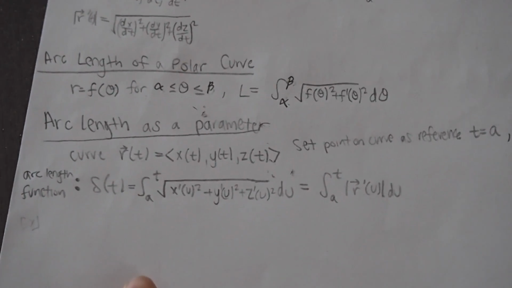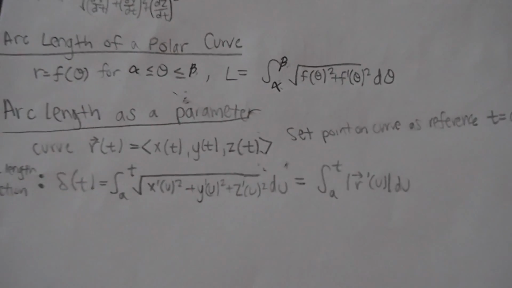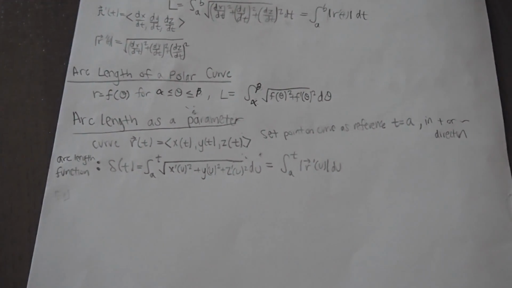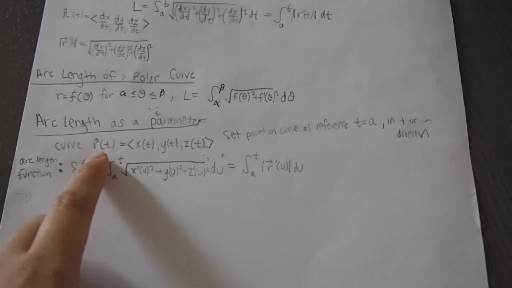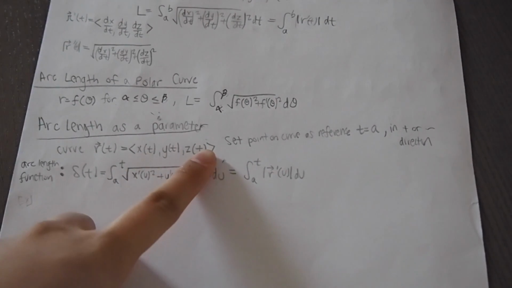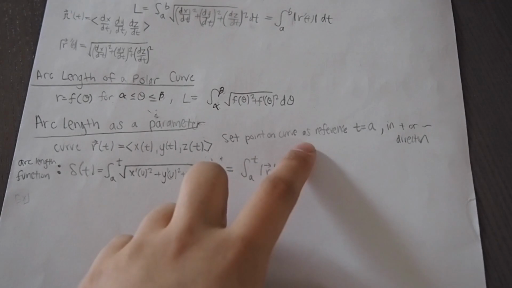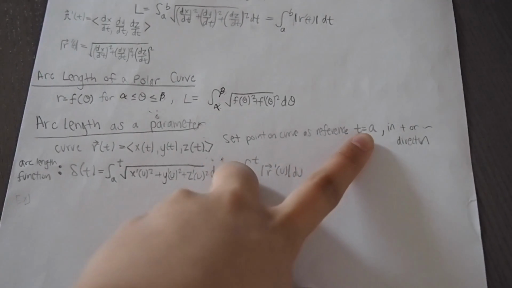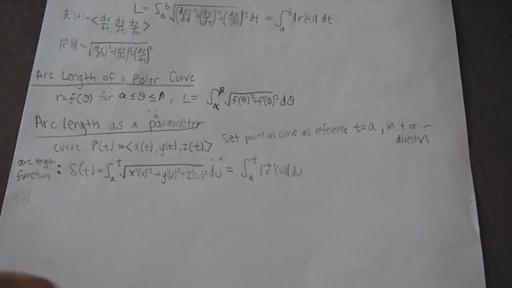And we can also set arc length as a parameter. Given we have the curve r(t) with the vector x of t, y of t, and z of t, we just set the curve with a reference to t equals a, in the positive or negative direction.